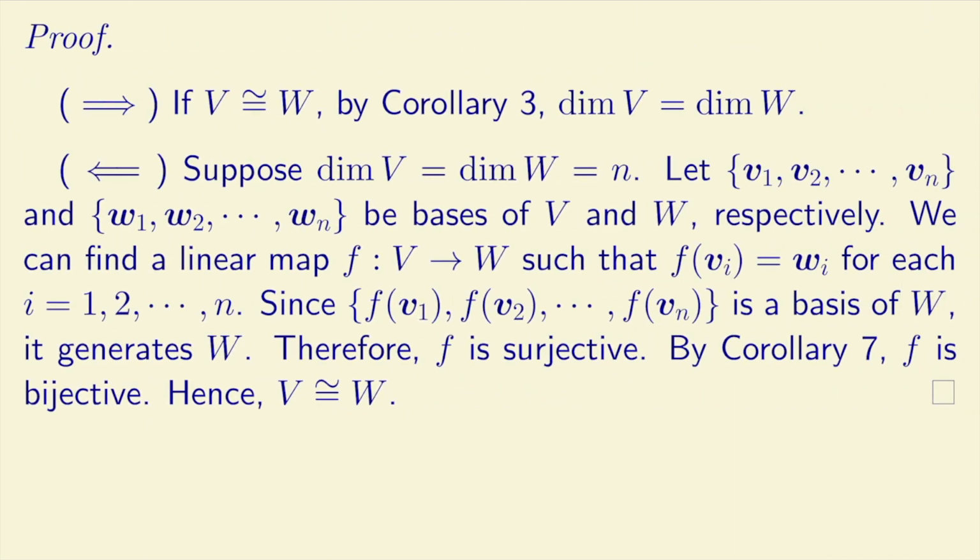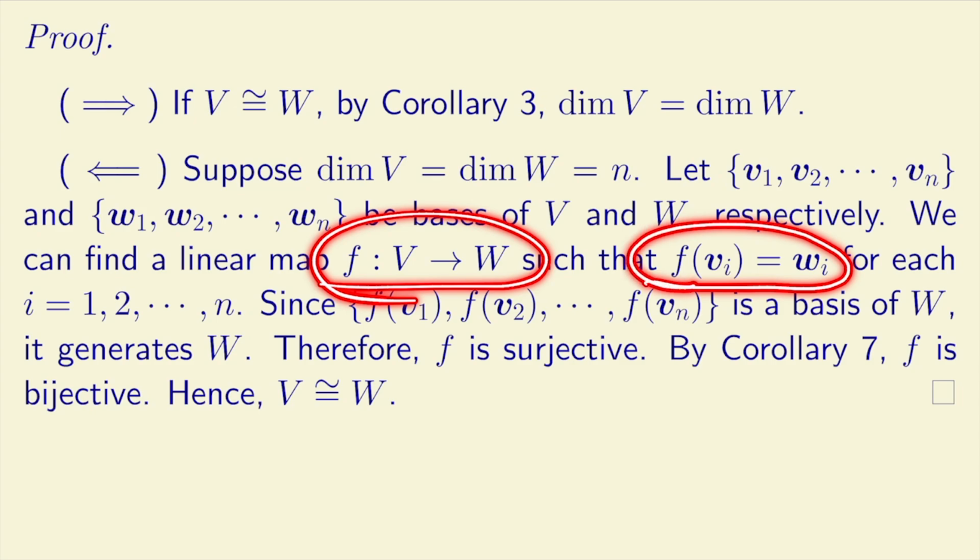First, if V and W are isomorphic, then by corollary 3, their dimensions are equal. That's the easy direction. The other way is if they have the same dimension, say n, we can pick a basis for V, v1 to vn, and a basis for W, w1 to wn. We can then define a linear map F that takes each vi to its corresponding wi.